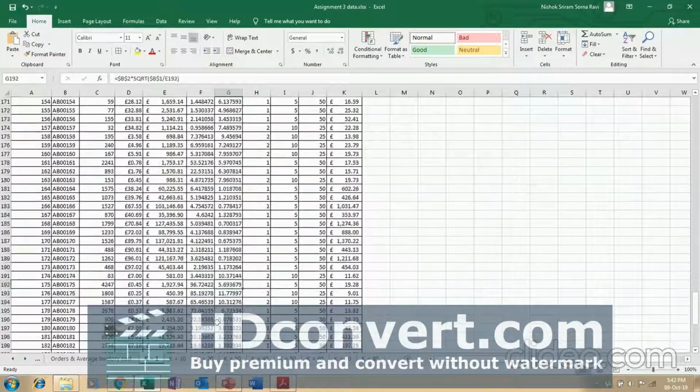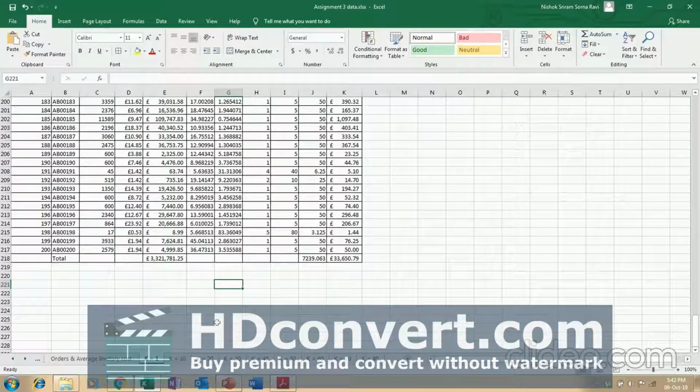For K being 1, the total number of orders is 7,239 and the inventory cost is 33,650 pounds.